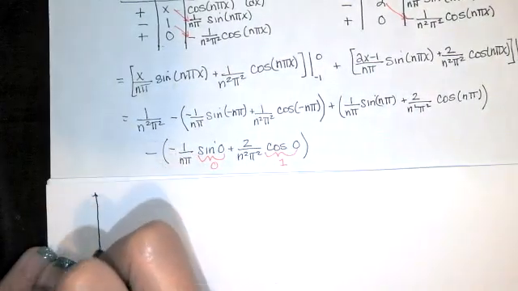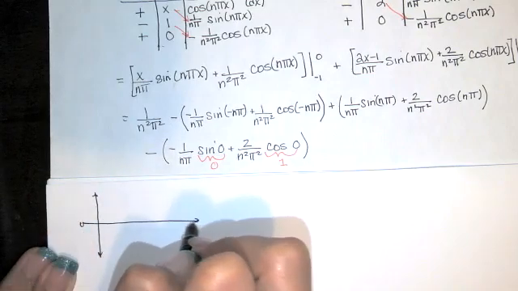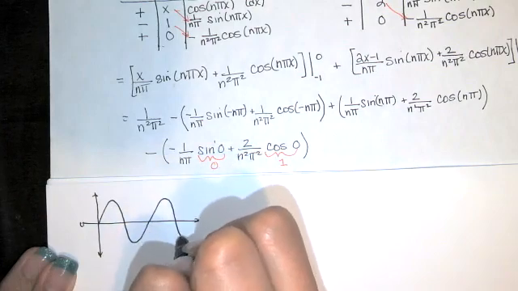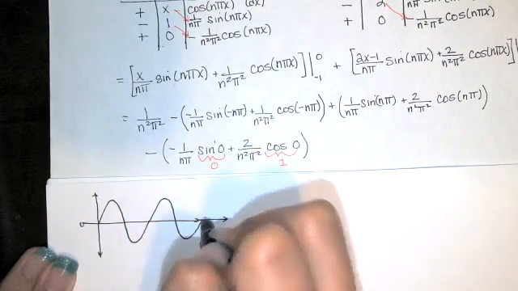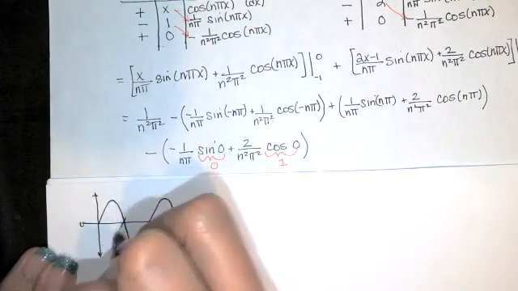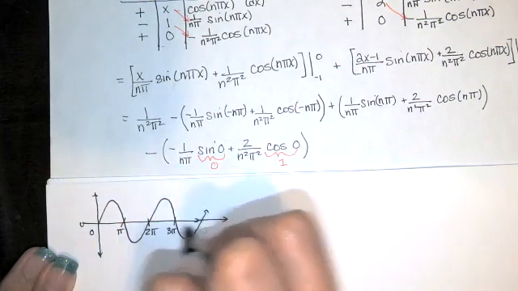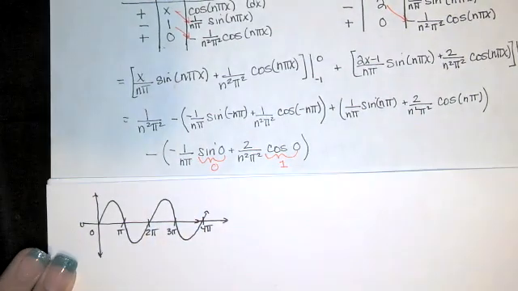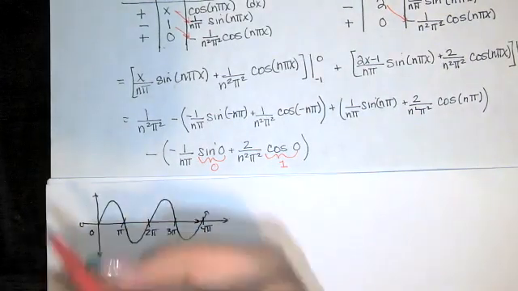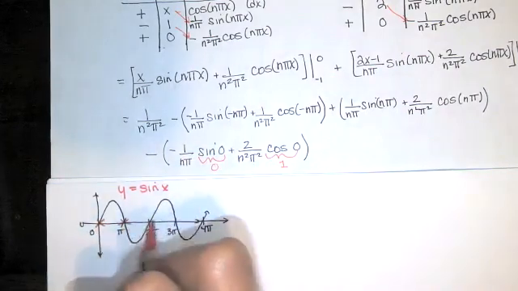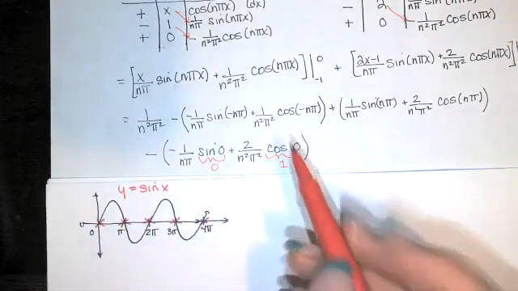Remember what our sine wave looks like. It just continues. That's 0, that's pi, that's 2 pi, that's 3 pi, that's 4 pi. I think we can all see that if this is y equals sine of x, at all of the multiples of pi, and that's what we're treating n as here.